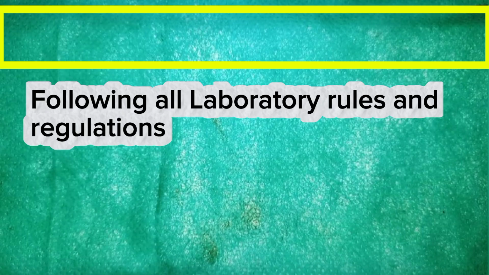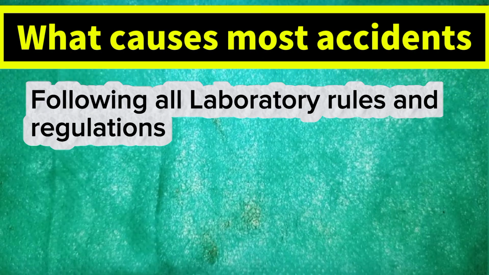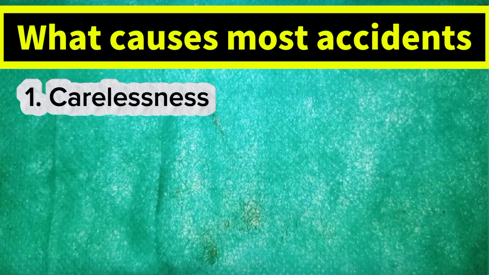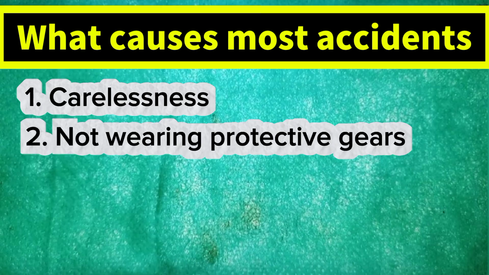We can minimize the chances of accidents occurring in the laboratory by following all laboratory safety rules and regulations. Most accidents happen because of carelessness. Number 2, not wearing protective gear, for example goggles and gloves.